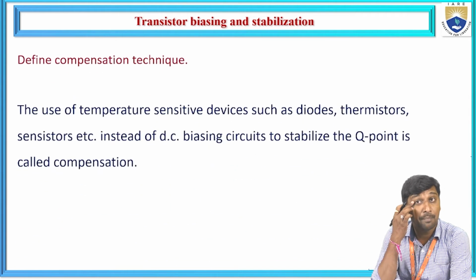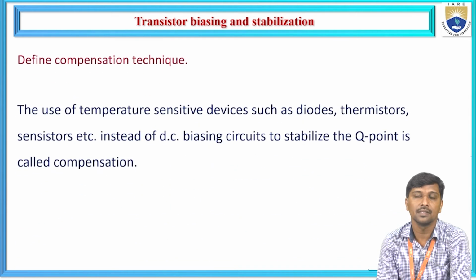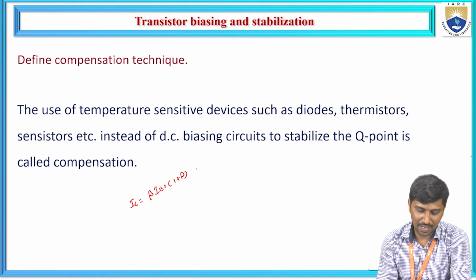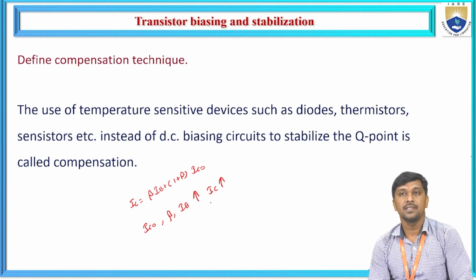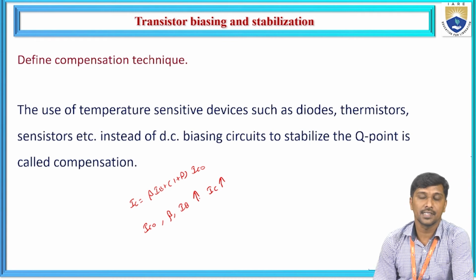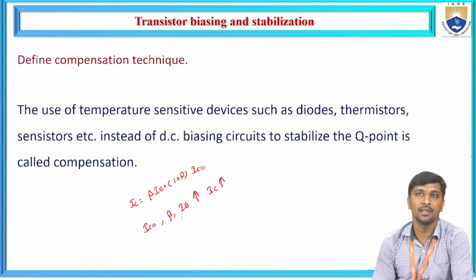Now define compensation technique. In the collector current equation of the transistor, if any one of the parameters is affected, either IC naught, beta, or the input current, it also affects the collector current. To compensate for how much the collector current changes with respect to the change in these parameters, we need to use some methodologies.